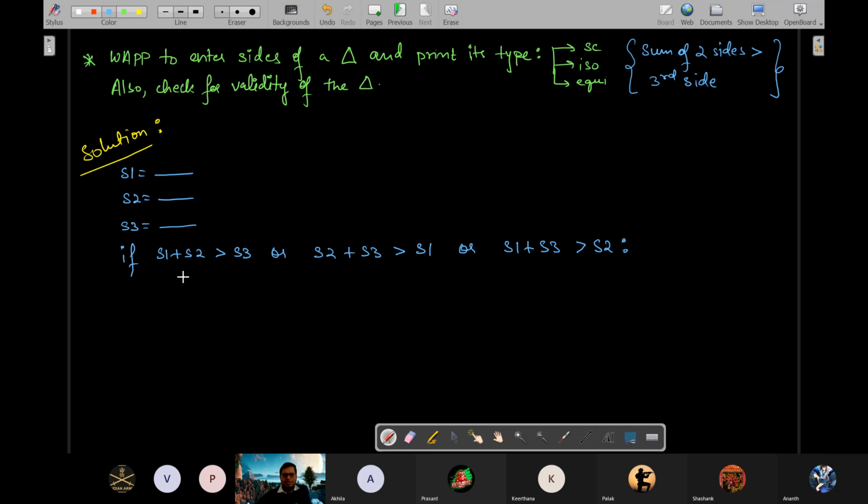So then we will check here, decide its type. Now, can you tell me, or wait, else what we will do? Print invalid triangle.